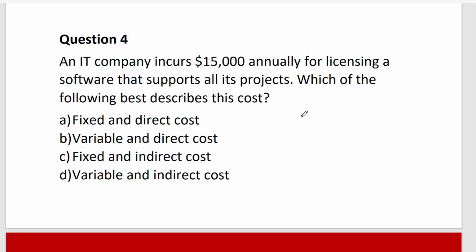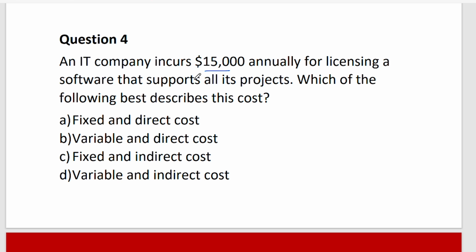But the software supports all of its projects. Now, all of the company's projects are not going to be directly related to a particular thing being produced, because who knows, maybe that software supports the people in accounting. So the point here is that the question is testing whether you understand fixed, variable, direct, and indirect.